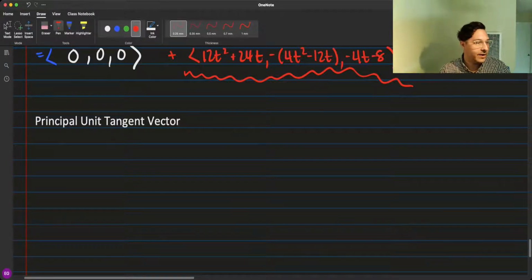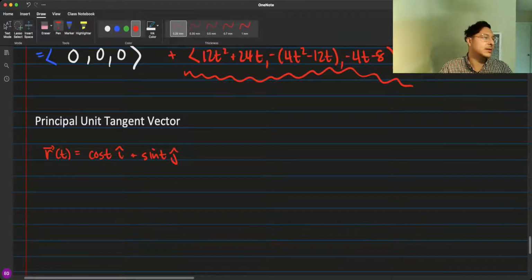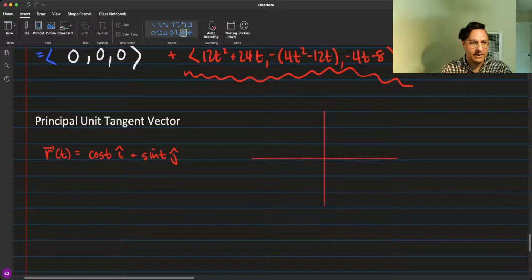So let's say that your vector valued function r of t is given by cosine t i plus sine t j. So what does the graph of this look like? If we graph this, what's the shape of this graph going to be?